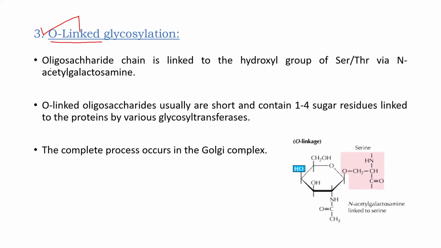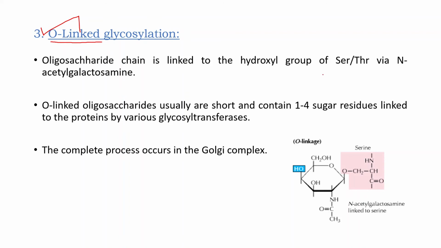In O-linked glycosylation, why is it called O-linked and why is N-linked called N-linked? For the answer to why N-linked is called N-linked, you have to go to the previous lecture in this playlist. Why O-linked is called O-linked glycosylation, I'm just going to tell you.